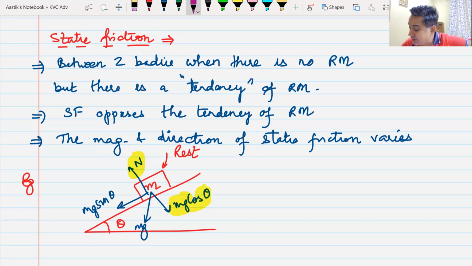Static friction is stopping it. The direction of static friction is upwards, and the value of static friction in this case will be mg sin theta.